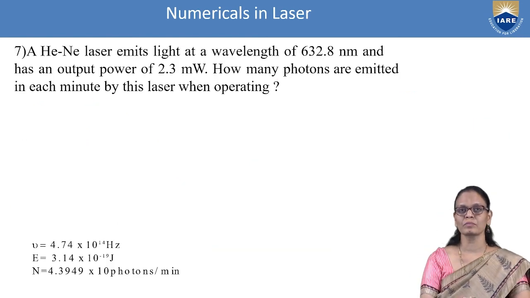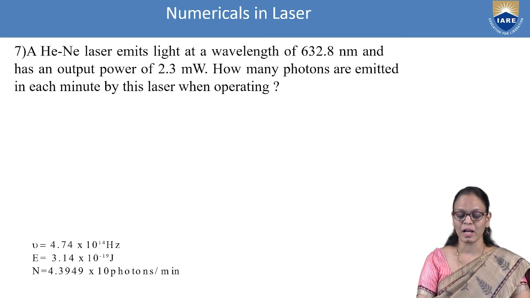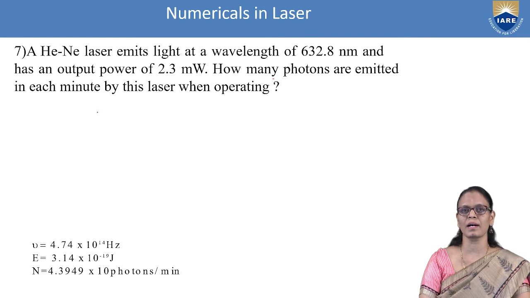The next one: a helium neon laser emits light at a wavelength of 632.8 nanometer and has an output power of 2.3 milliwatts. How many photons are emitted in each minute by this laser when operating?